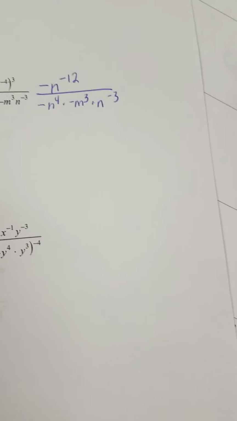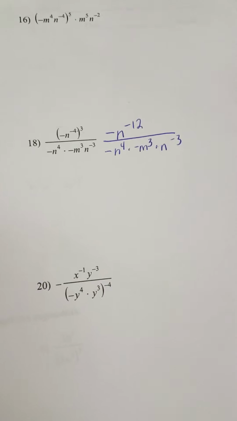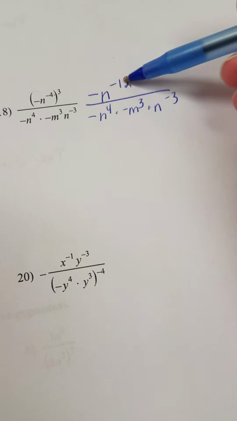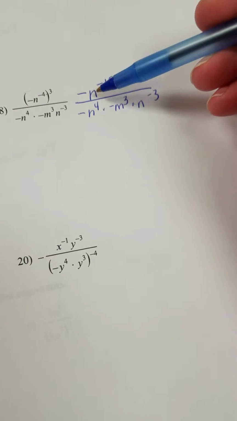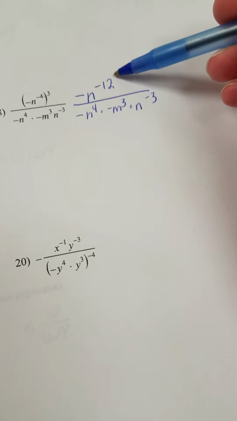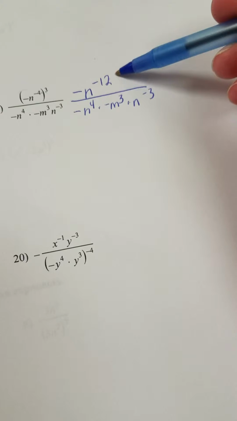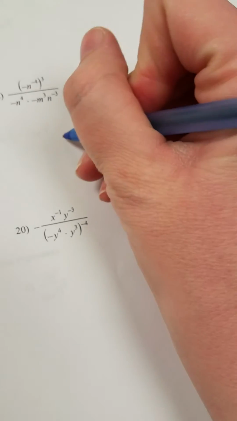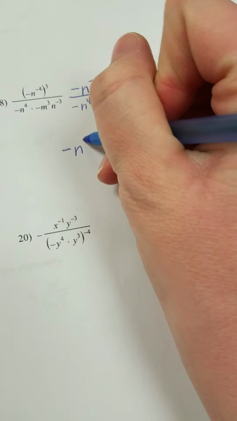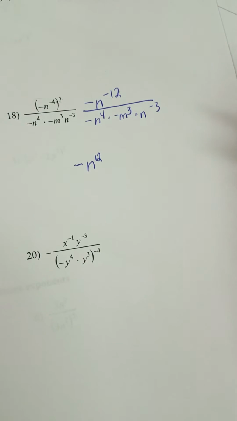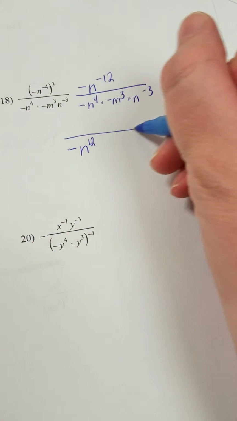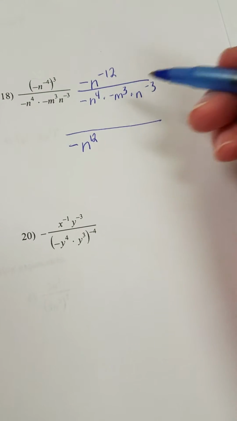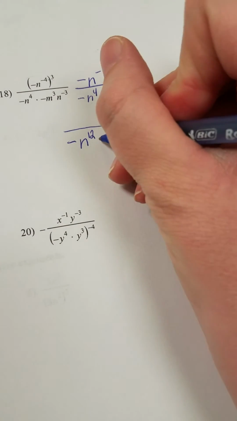Okay. Now, the negative rule says that they're going to flip. Remember, that means negative exponents, not negative bases. Okay? So that means this negative n to the negative 12 goes on the bottom, becomes negative n to the positive 12. And then on the bottom, this negative n to the 4th stays down here.